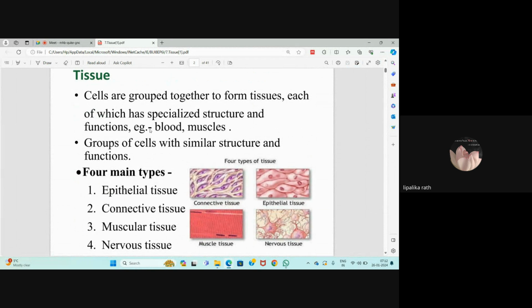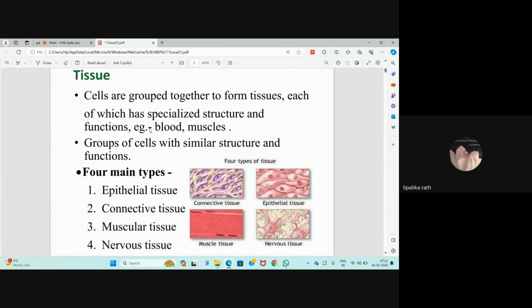Epithelial tissue is found in different areas of our body: first is body covering, the skin, then body lining, the lines between two tissues, then glandular organs. The functions we learned are protection, absorption, filtration, and secretion.